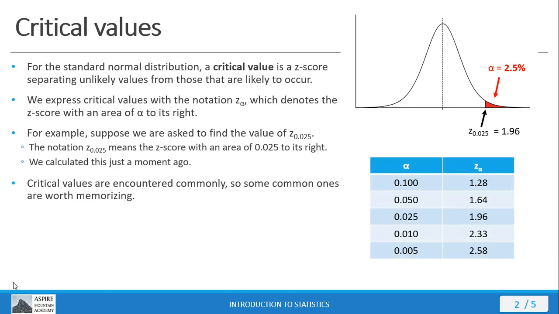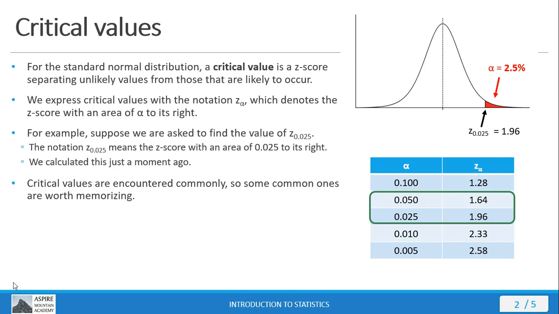Critical values are values that we encounter pretty commonly when solving different types of probability problems using the standard normal distribution. Some critical values pop up quite frequently and are worth memorizing. Here are some common critical values shown in the table. The 5% and the 2.5% are the most common among all the critical values.